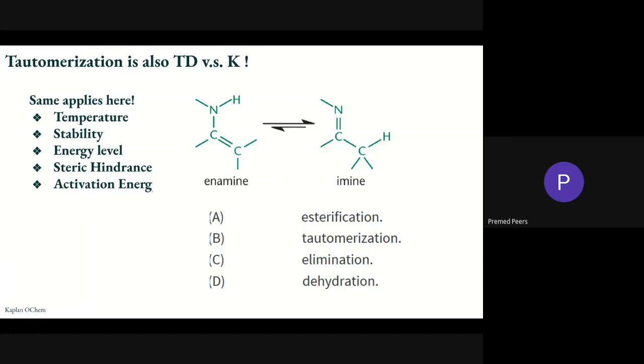I mean, because nitrogen is more capable of holding on to those pi bond electrons, the imine is the thermodynamic one. The enamine actually is the kinetic one because the imine is more stable. Rashina, I'm sorry that I may have confused you too.